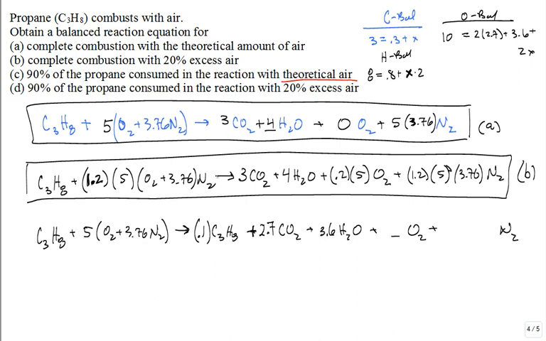So what do we pick up? 0.5? Good? All right. And then nitrogen, well, guess what? It's still going to be 5 times 3.76. It just goes for the ride. So is this the balanced equation for part C?